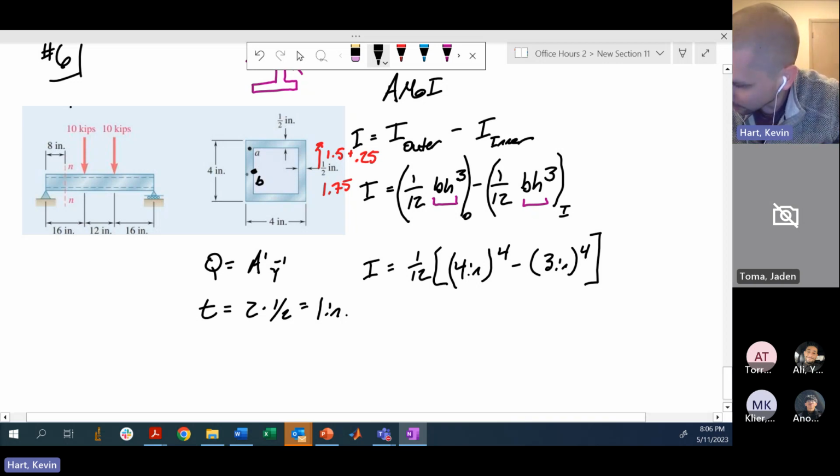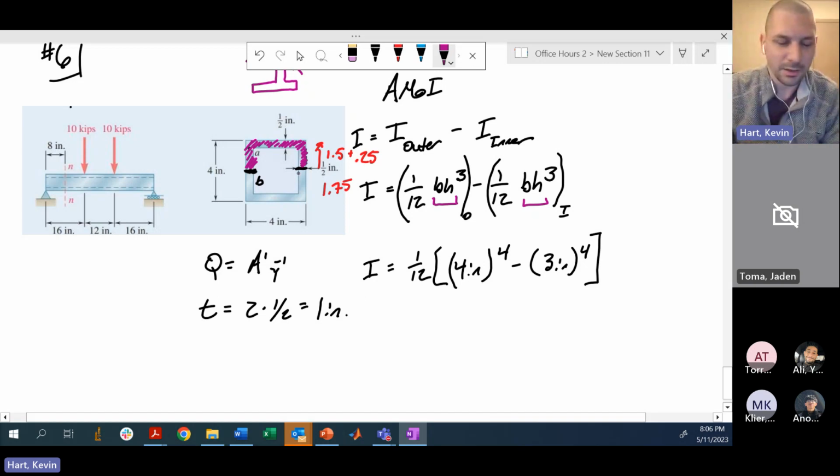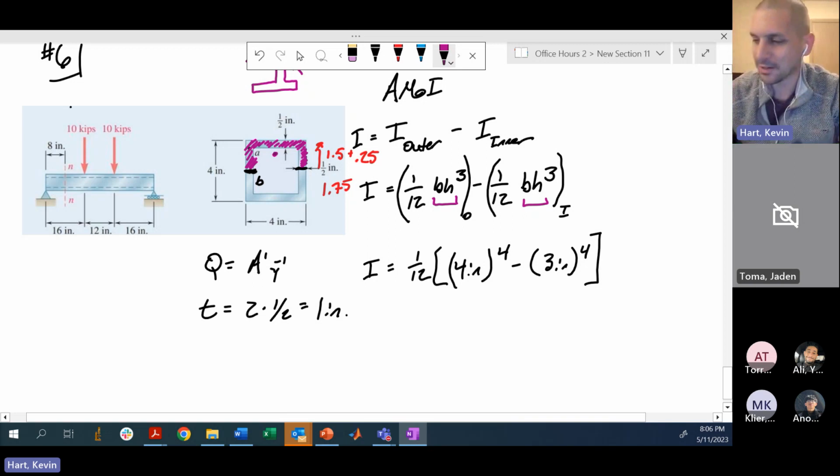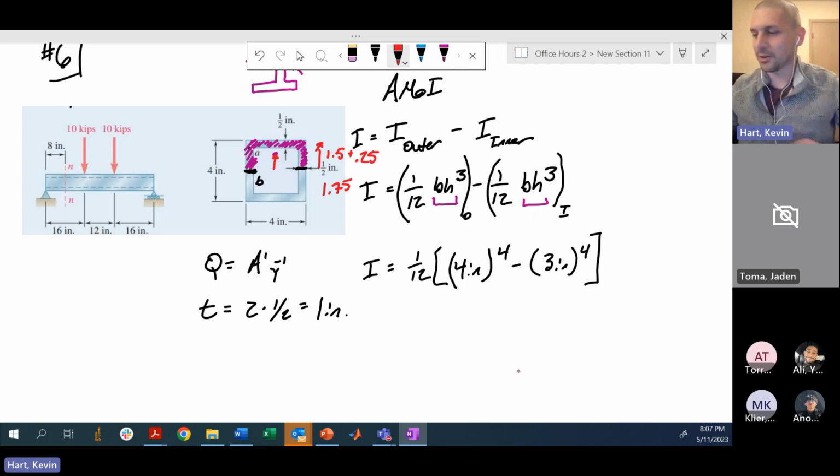Well, now I have to make my line across the bar this way, and now my A prime is all of this. So I've got a composite body with 3 rectangles, and it's much less clear what the Y bar prime is of that particular cross section. It's probably somewhere like here, which is a bit annoying to calculate. You'd actually have to do the composite body calculation for this.